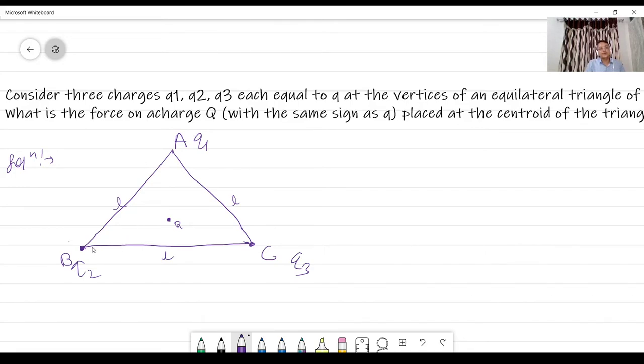So what I should consider here is how we can determine the centroid point. Since it is an equilateral triangle, let's suppose I trace a perpendicular from point A to BC.